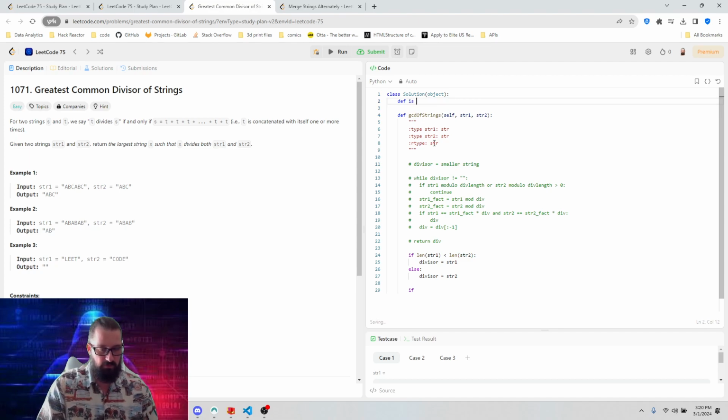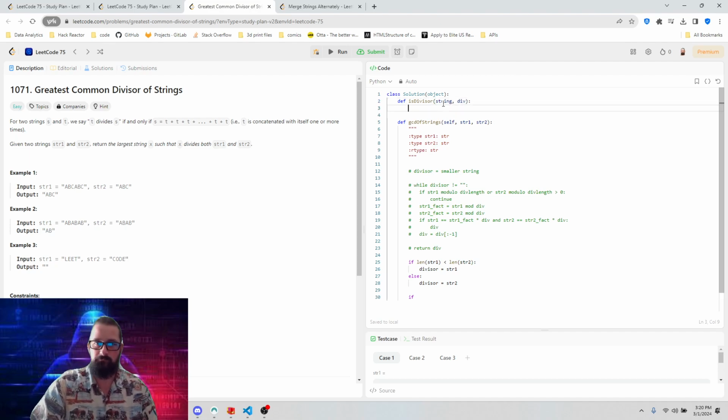Def is divisor, string 1, div, so given a string and a div, I want to find out if one divides into the other.